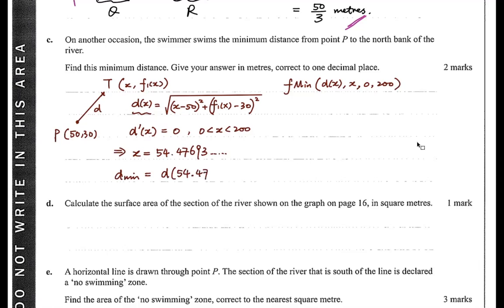So the minimum distance is at this x value. You will get 8.475 and so on, which is 8.5 meters.